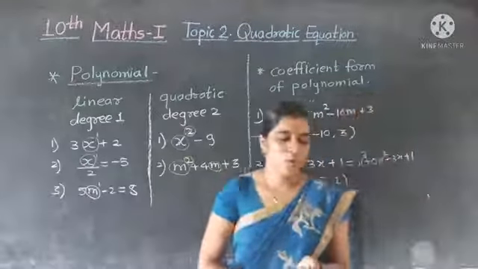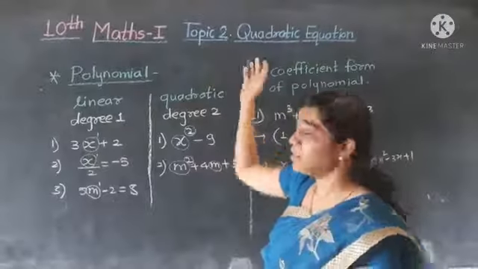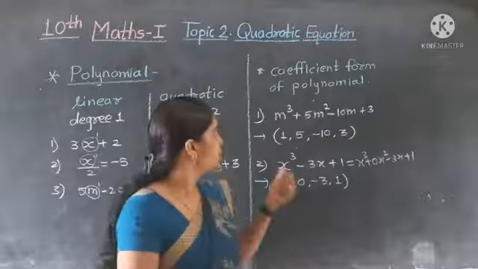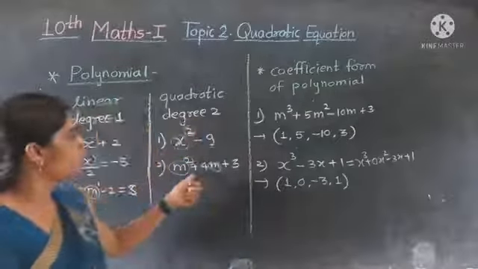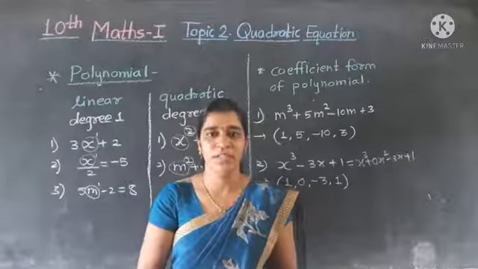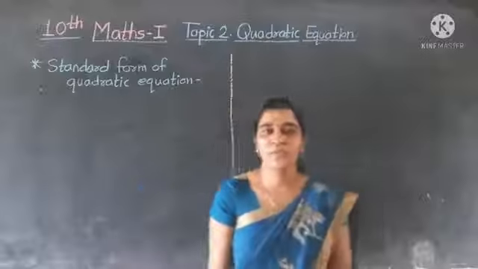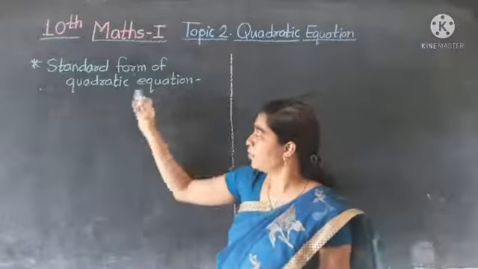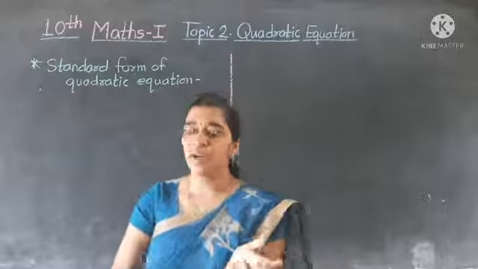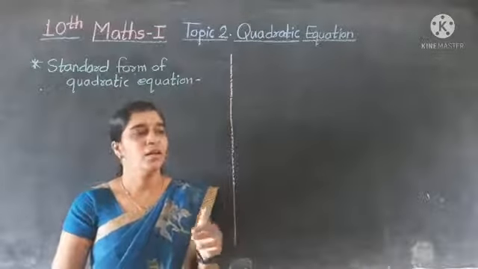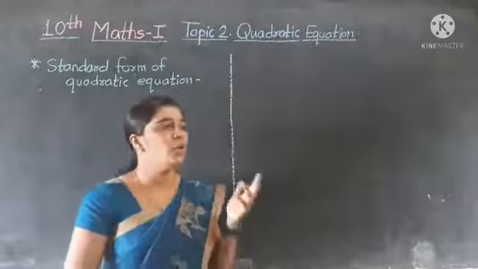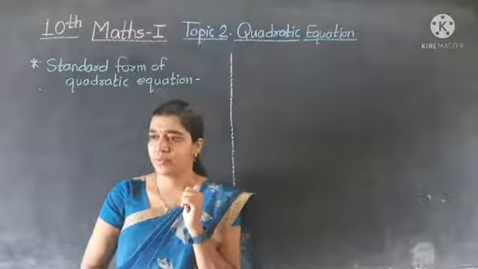Now we will see what a quadratic equation is, and what its standard form is. Student, first we see the standard form of a quadratic equation. Now you know what a quadratic equation is. What is the definition of a quadratic equation, or which equation do we call a quadratic equation?